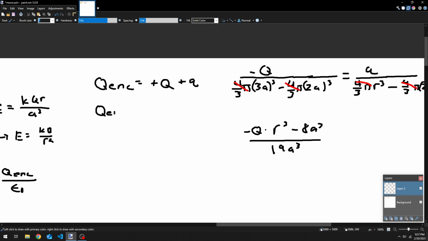So q enclosed equals plus q, and then plug this in, minus q, because this equals q, minus q times (r cubed minus 8a cubed) over 19a cubed.